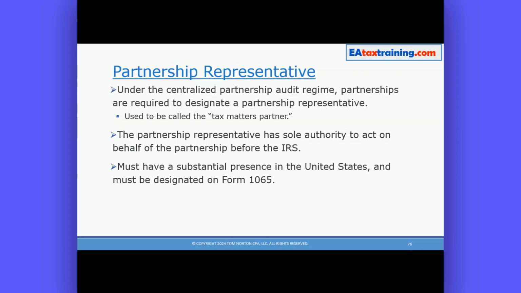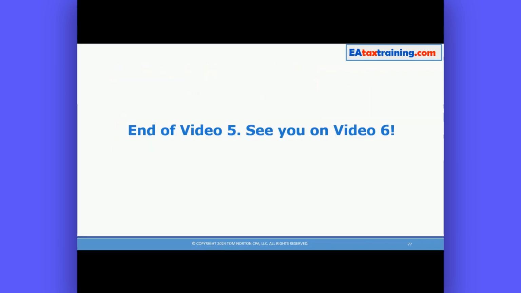So the other partners cannot represent the partnership before the IRS. Only the designated partnership representative, and that representative must have a substantial presence in the United States and must be designated on the Form 1065. So each year you have to designate who is the partnership representative.